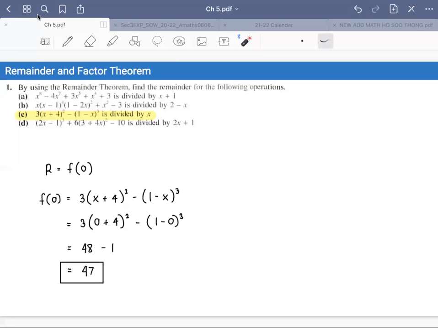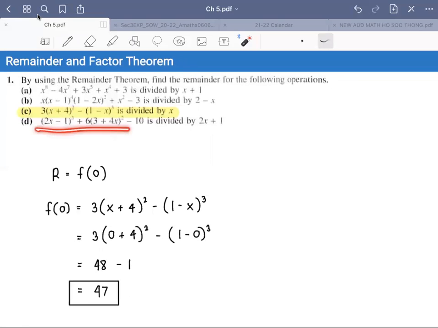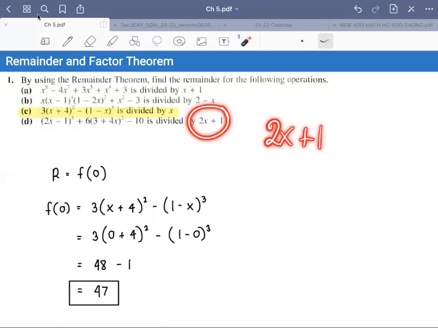All right. Now, I'll add this example, letter D. For letter D, this is your expression, divided by 2x plus 1. If your divisor is 2x plus 1, what will be your function? 2x plus 1 equals 0, right?